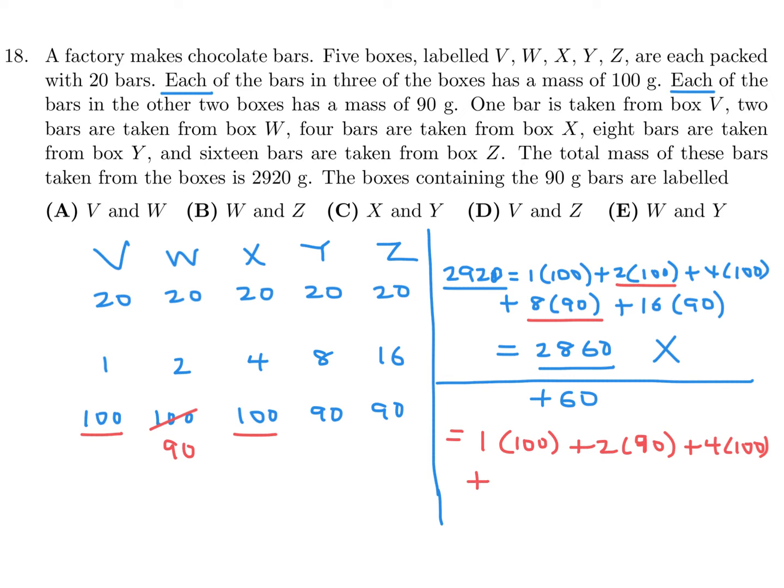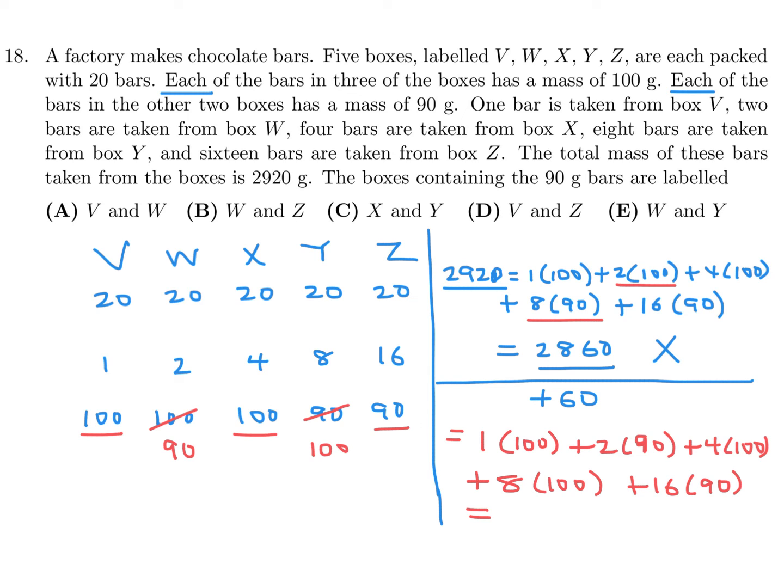And then this guy, I'm going to make 100. So that becomes 8 times 100. And this stays the same at 90. And so it's 100 plus 2 times 90 plus 4 times 100 plus 8 times 100 plus 16 times 90.